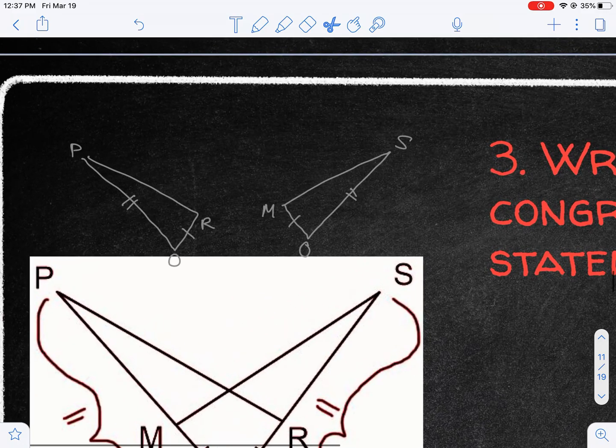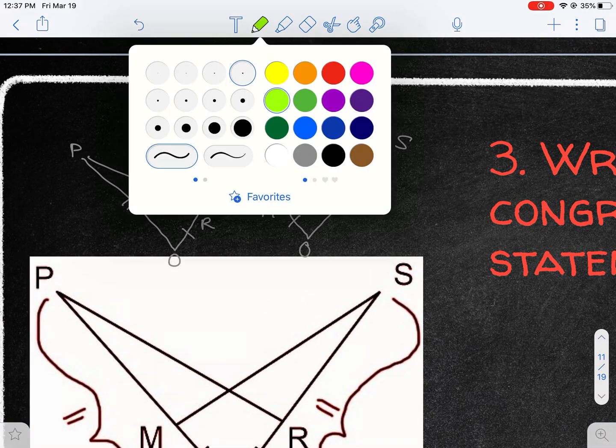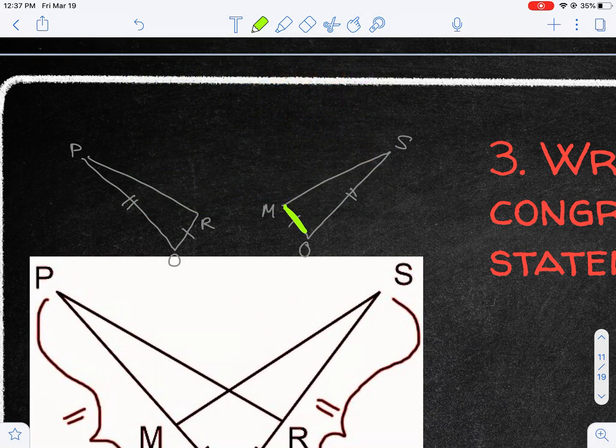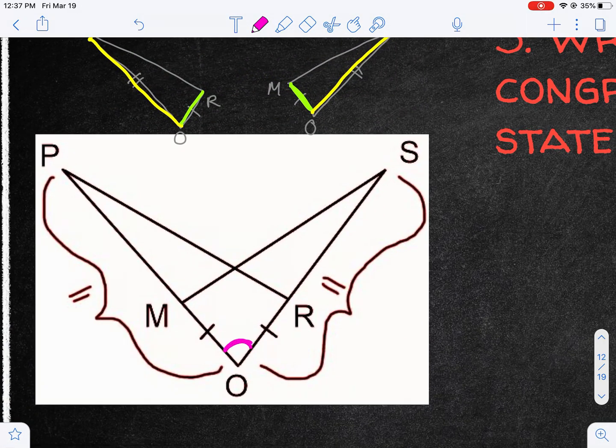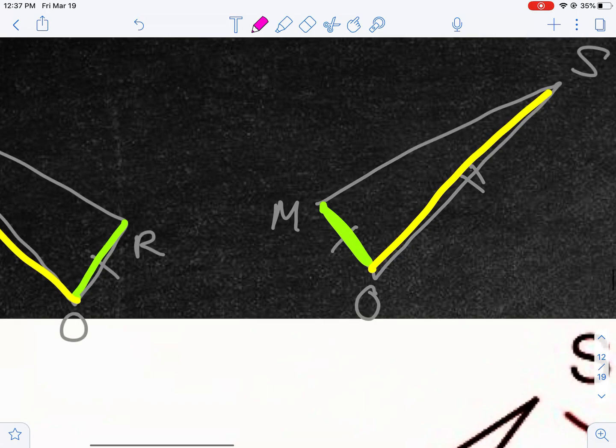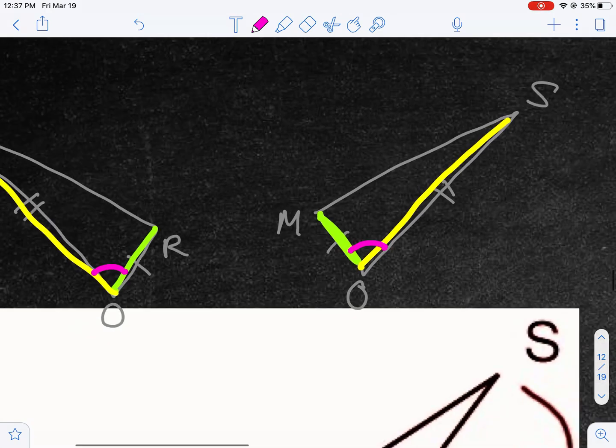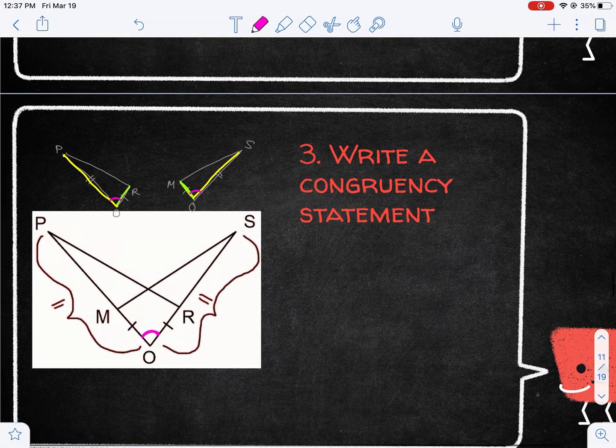Wonderful. So right away they tell me, hey, MO is congruent to OR, and OS is congruent to PO, and then they both have angle O in it, and it's the exact same angle O right here. So I've got side, angle, side.